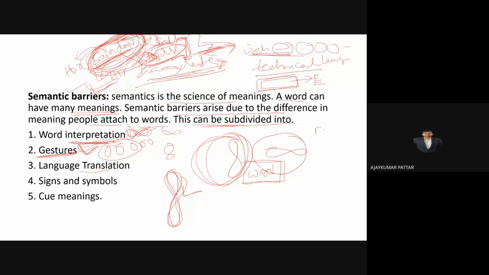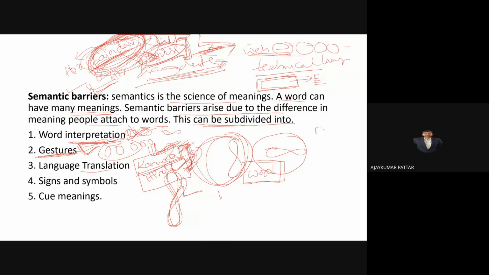And language translation: if you translate a note from Kannada to Hindi, or read it in Kannada, it gives a different sense or meaning than the same matter in Hindi. It is almost similar in some contexts, but the feeling and understanding are different.